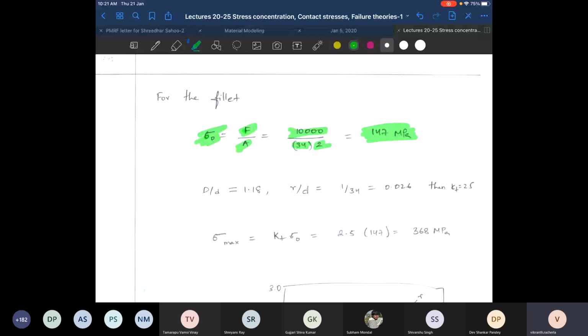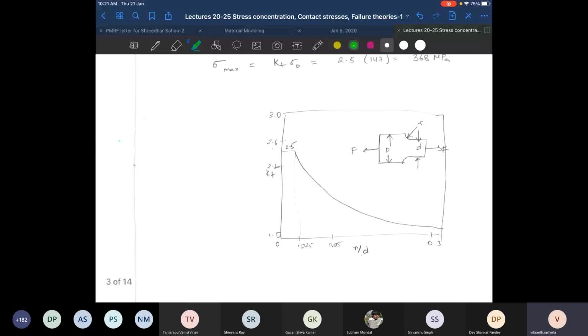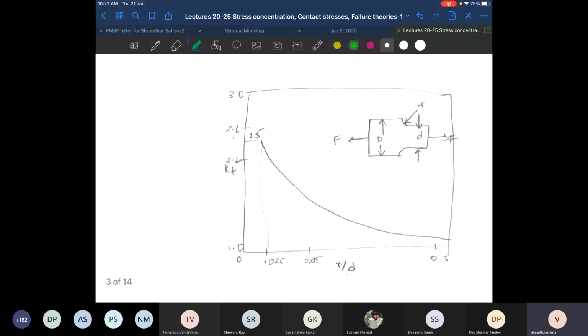And then in order to get the stress concentration factor, we have to go to the stress concentration plot, which looks like this. Basically you have a plate with a fillet over here. What are the geometric parameters?